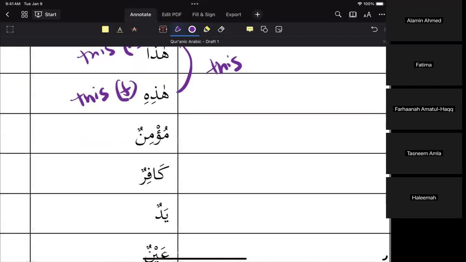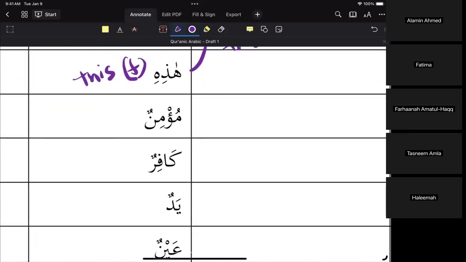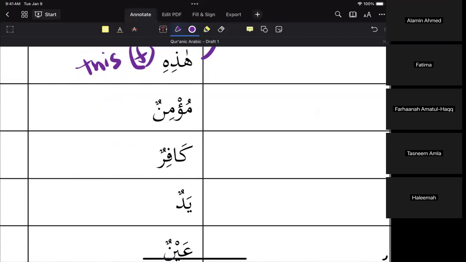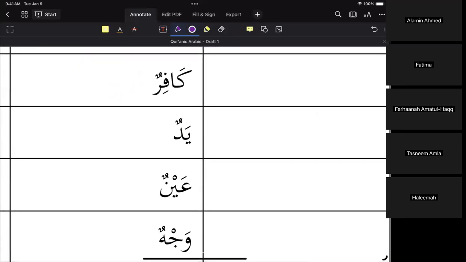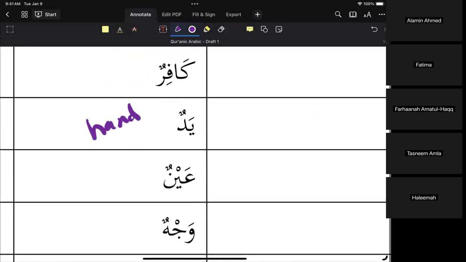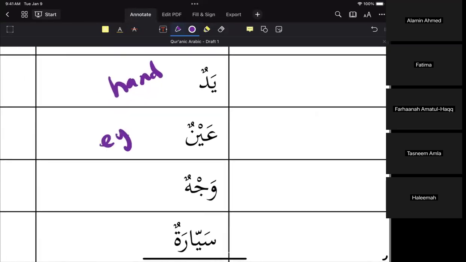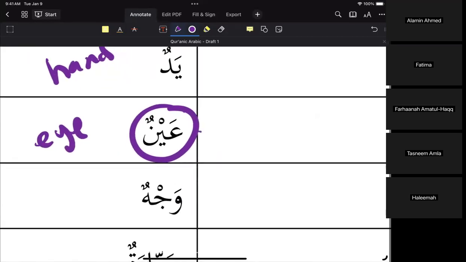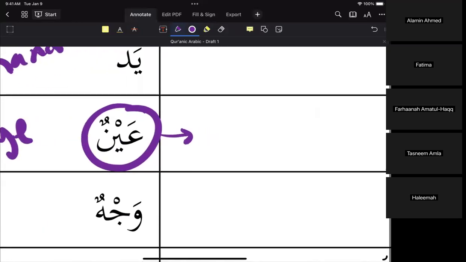Okay. And mu'minun is believer, and kafirun is disbeliever. Yad is hand. Okay. Ayn is eye. By the way, this word ayn in Arabic has tons of meanings, to the point it gets a little bit confusing sometimes.